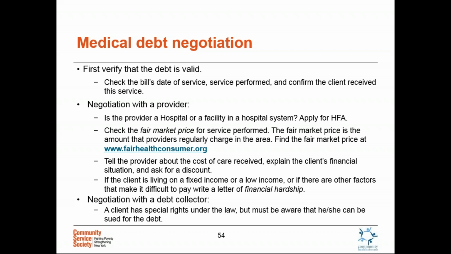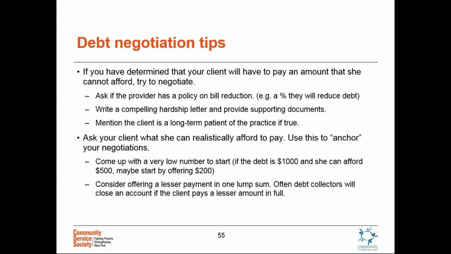If your client is living on a fixed income or has a very low income, or if there are other factors that make it difficult to pay, then write a letter of financial hardship to the doctor. If you're negotiating with a debt collector, then you should know that your client has special rights under the law, but your client must be aware that if they ignore this forever, then they can be sued for the debt.